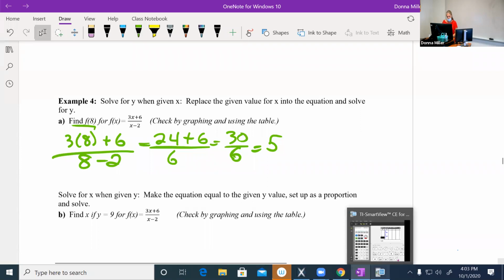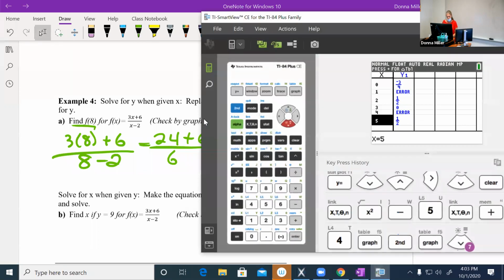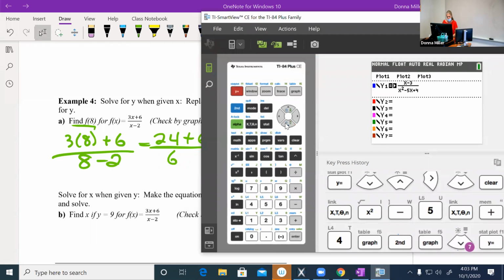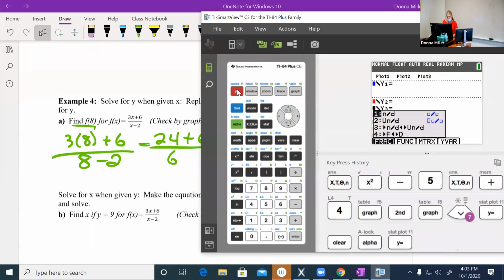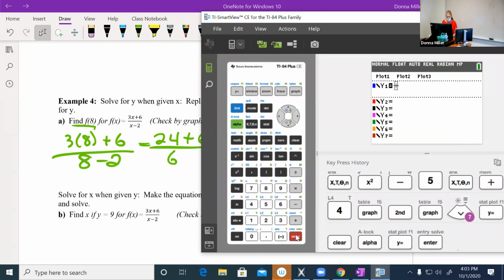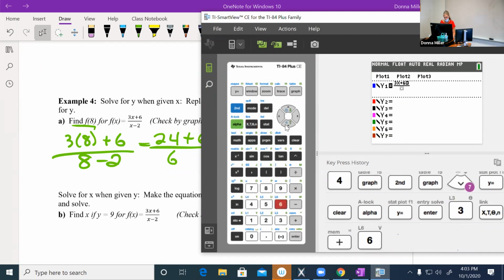In a lot of ways, we're going to graph. Here's my grapher. Alpha F1 and over, 3x plus 6 over x minus 2. A lot of ways I can get this value.